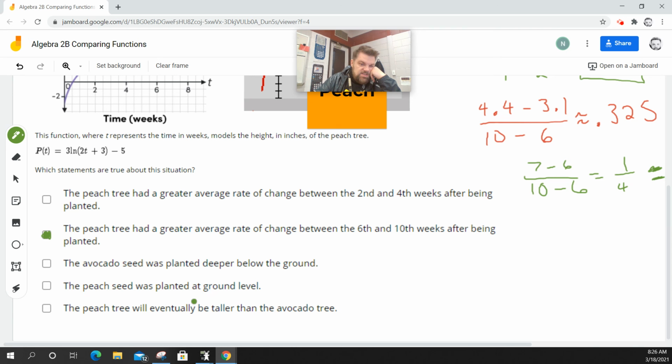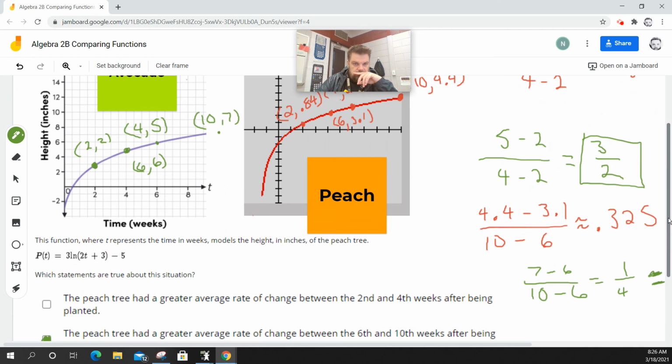The avocado seed was planted deeper below the ground. Now, what they're talking about is where is it when x equals 0? So what they're saying is the y-intercept, right? This is where it was planted. Now, this graph models this, but we're ignoring this part, right?